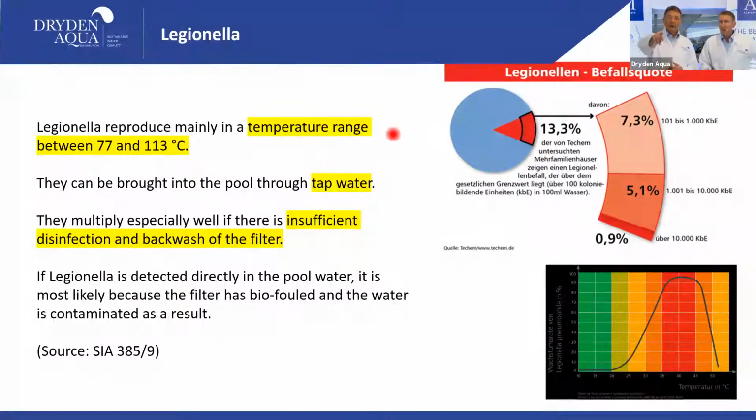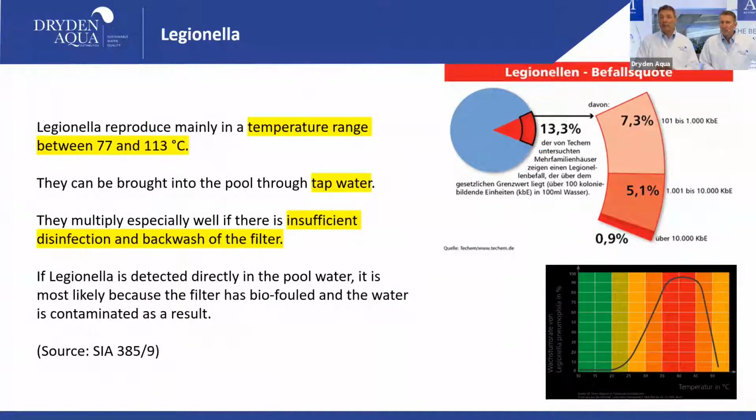For example, here on the right, you see more than 10% of the water they tested from tap water, and that was Germany, had a higher or a lower contamination with Legionellas. 100, that's still a low one, but you have here 0.9%, let's call it 1%, more than 10,000, which is a really high contamination.